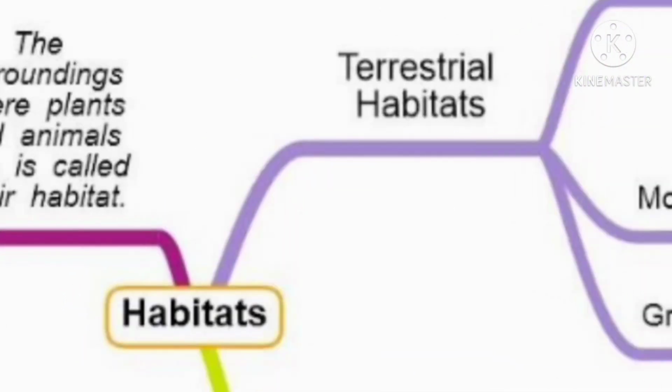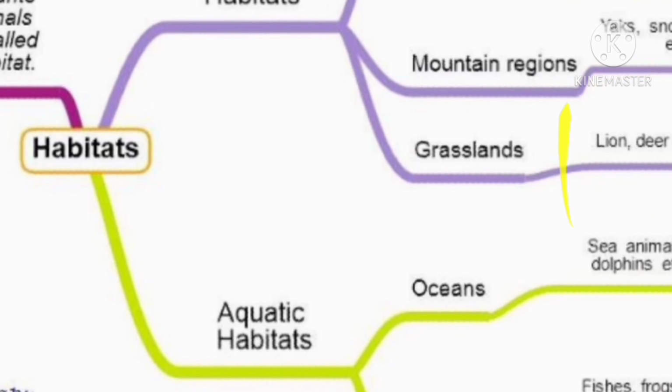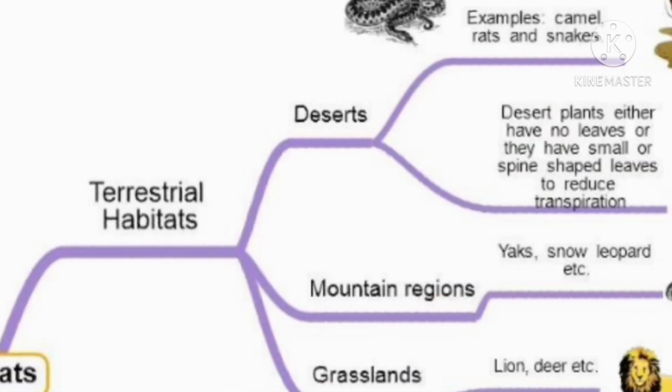Habitat is the surrounding where plants and animals live. We have divided habitat into terrestrial and aquatic habitats. Let us see terrestrial habitat first: desert, then mountain region, and then grassland. Let us talk about the desert. In the desert there is a scarcity of water, very little or no water.